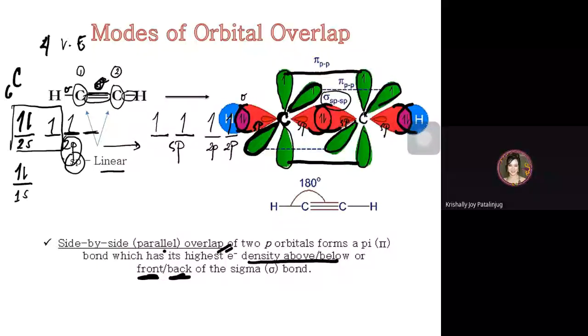Ayan. So, pwedeng yung side-to-side overlap ng dalawang p orbitals forming a pi bond. Yung electron density is in front of the sigma bond or at the back of the sigma bond. So, p orbitals nag-overlap, it forms a pi bond.